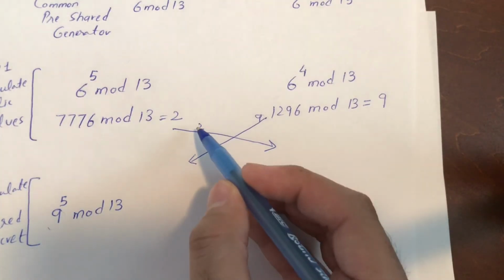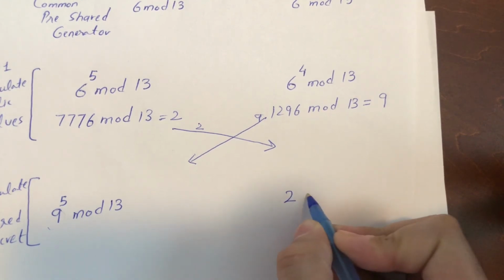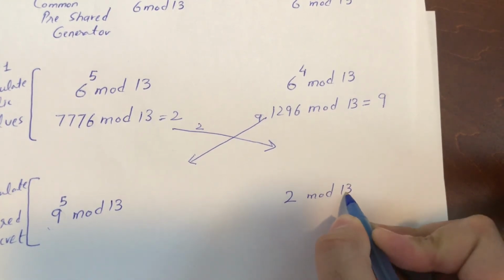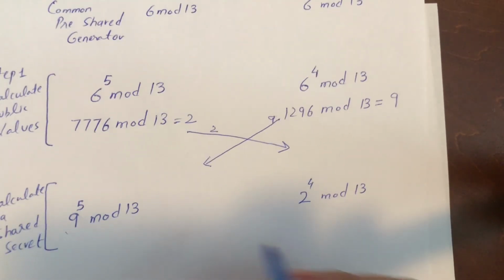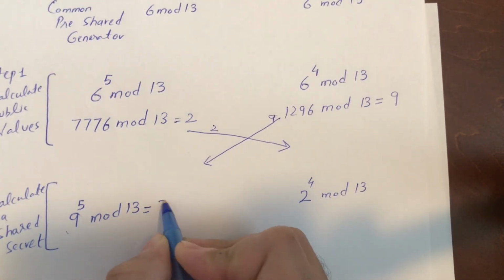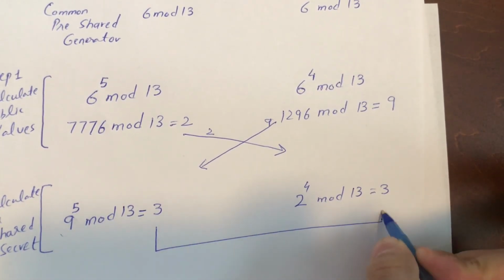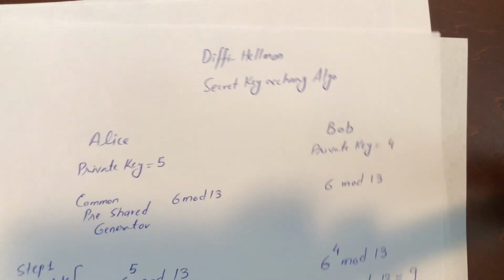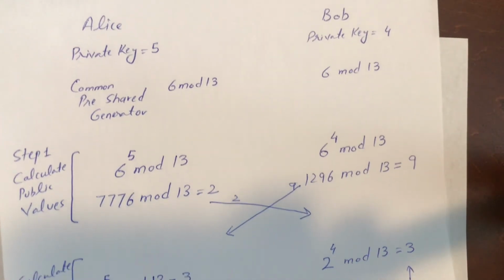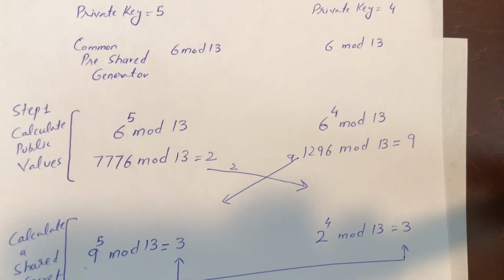Bob will do the same thing, using Alice's public value as the base of the shared secret, 2 mod 13, raised to the power of again Bob's private key, which is 4. Same is the case with Alice. Now if we solve this, you will get the same secret value. You can calculate that. This is the way two entities can share a common value by using the Diffie-Hellman algorithm.